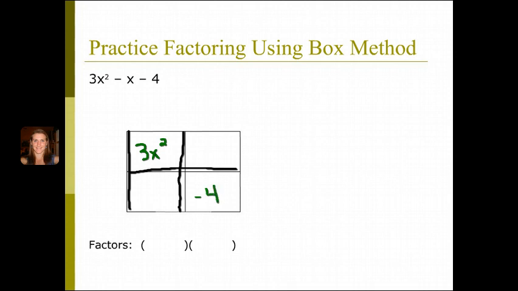But when we multiply these together, we have -12x squared. And we're looking for the factors of -12x squared that add up to -1x. So our factors are going to be 3x and -4x. Fill in your box.